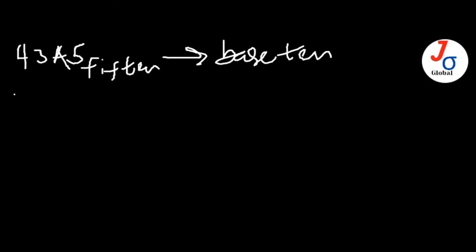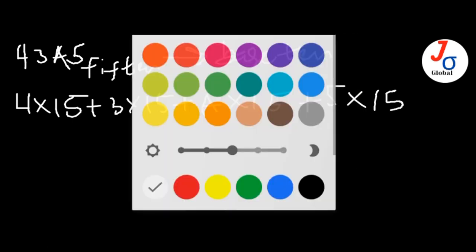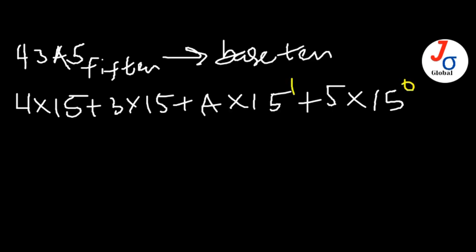So to do that, we're going to have 4 multiplied by 15 plus 3 multiplied by 15 plus A multiplied by 15 plus 5 multiplied by 15. So I'm going to give power to all of the bases, and we're going to start from the right hand side: 0, 1, 2, 3.